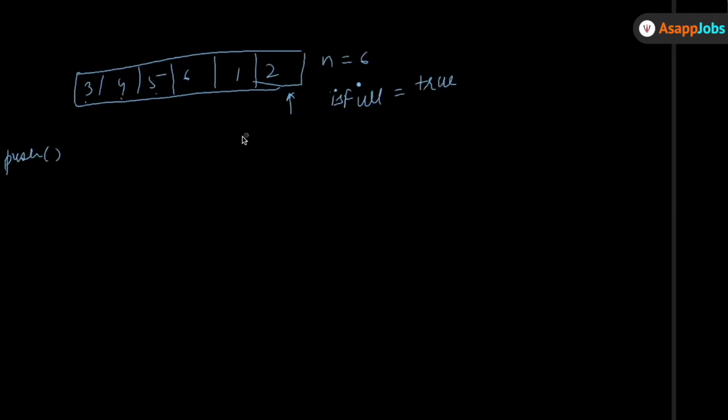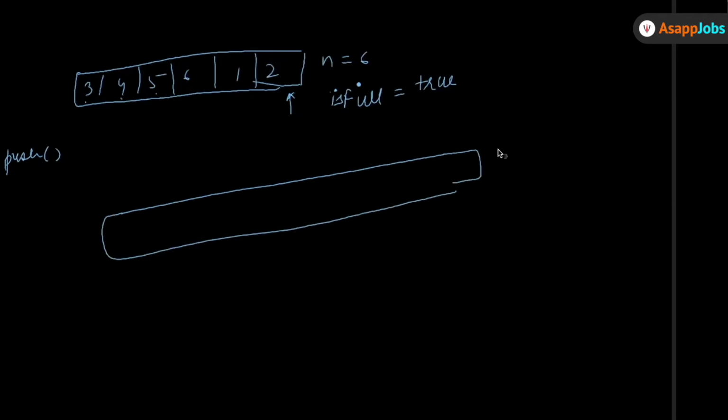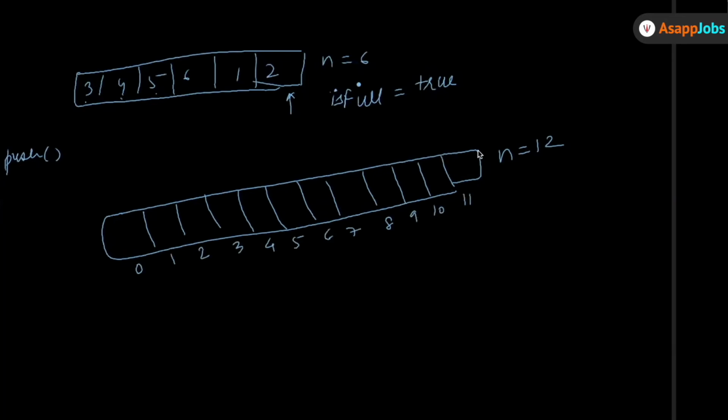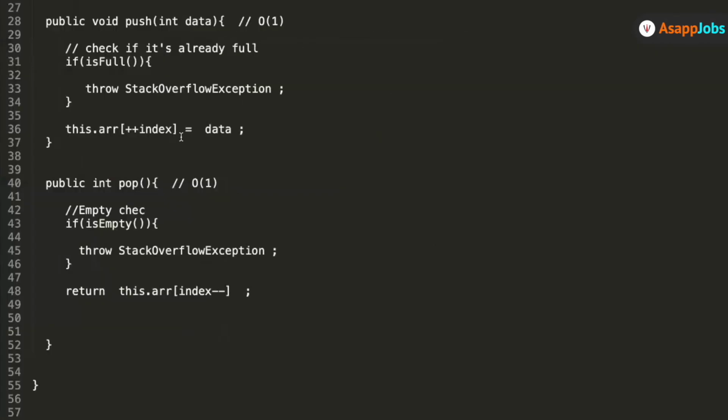Now, as soon as it happens, create an array and double its size. So normally we have an original array, and as soon as it is full, I create an array of twice the size, and I copy all of this array over, right? So we can make this change here.